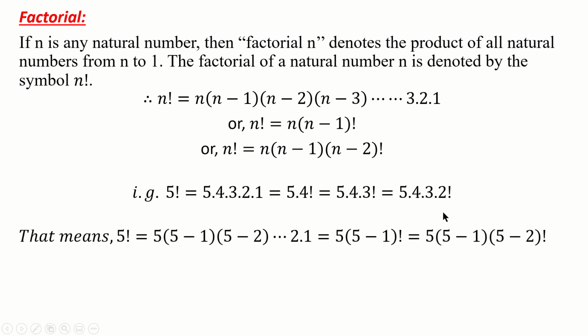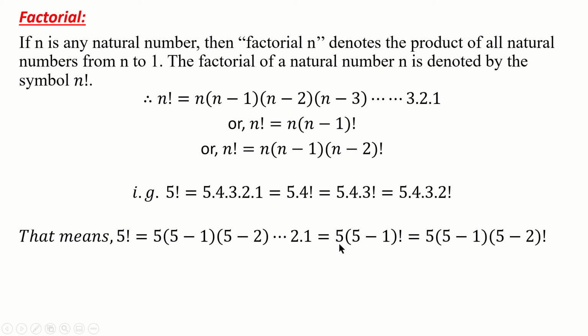Okay, and we can also write this in the general form. That means in this form, we will get 5 into 5 minus 1, 5 minus 2, ..., 2 into 1 for matching this.